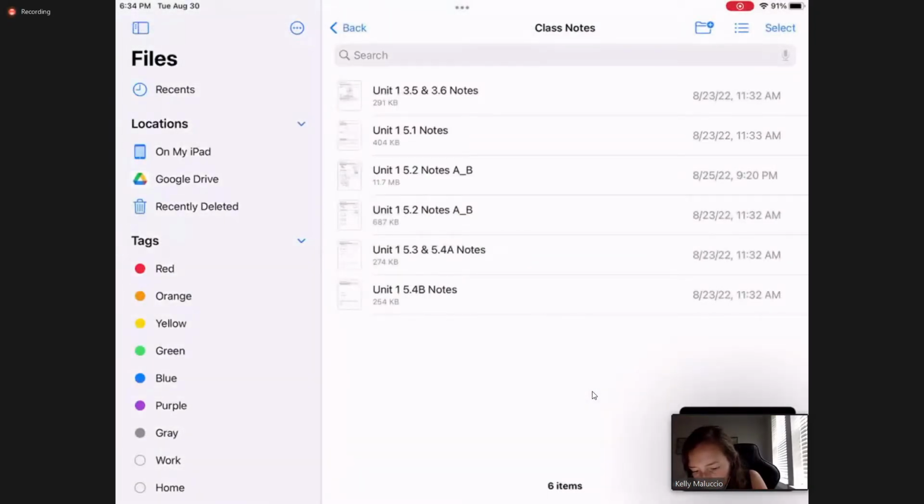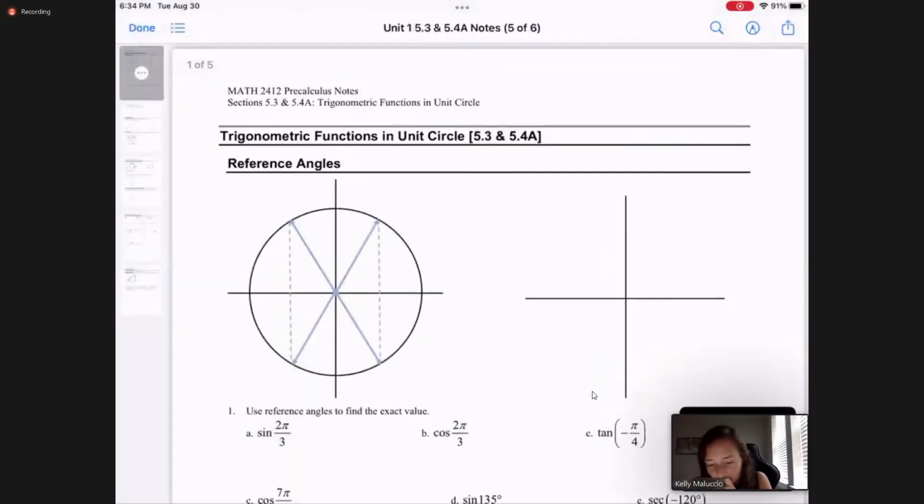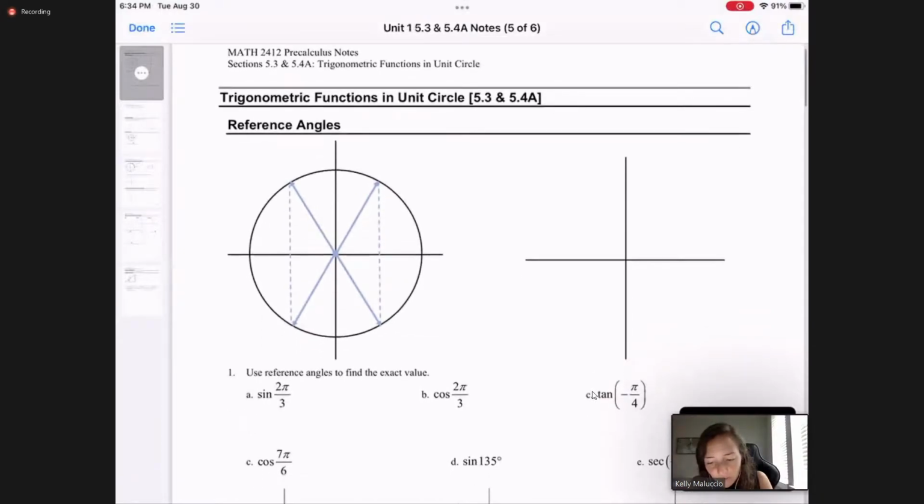Oh, phew, okay. So now we want to jump to 5.3, and this is the section for today, 5.3 and 5.4a. So 5.4 is related to 5.3, obviously, but the professor that did these notes broke it up for us, so she added a little bit of 5.4, and if we have time, great.